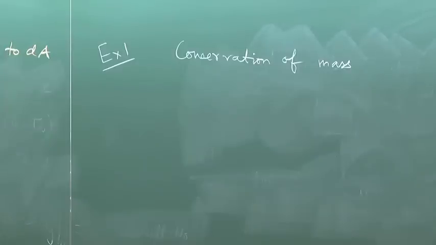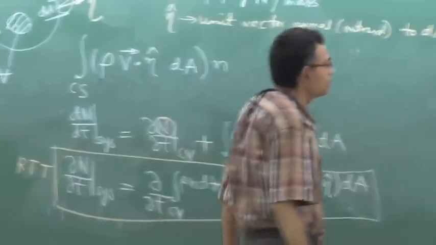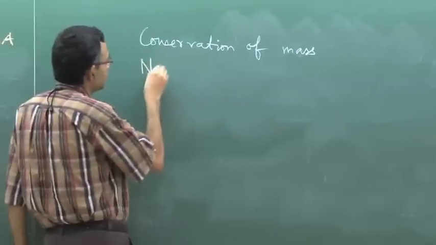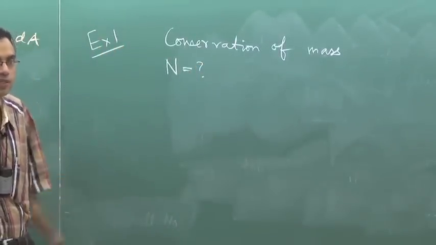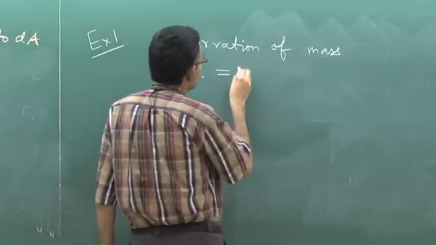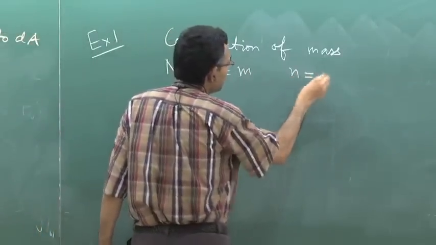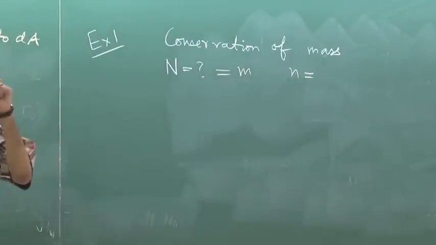For conservation of mass, what is capital N? It is the total mass of the system. What is small n? 1, right?